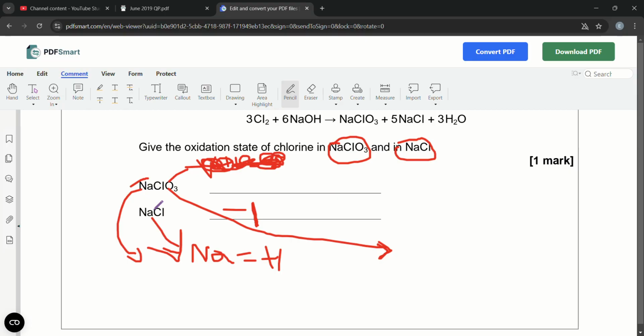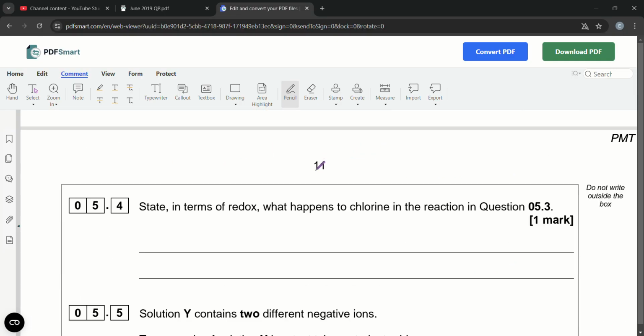That's why it was so difficult. Na is obviously going to be positive. Oxygen is going to be minus 2. There's 3 of them, so it's going to be minus 6. Minus 6 plus 1 is minus 5. Therefore the chlorine must be 5 to get an overall charge of 0. So it's going to be plus 5. I just completely misread the question. And that is for 1 mark.